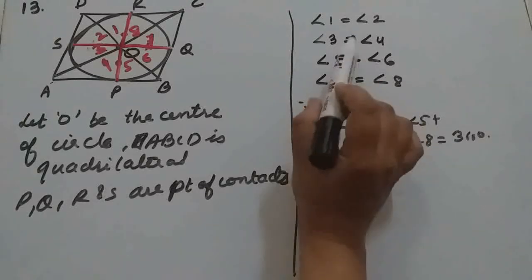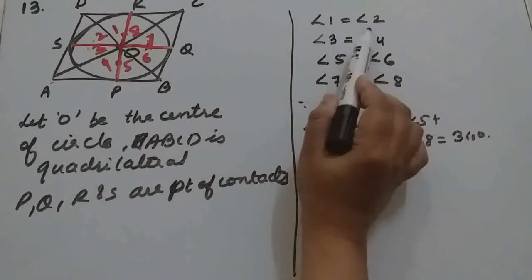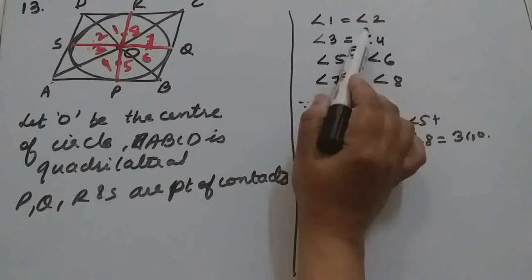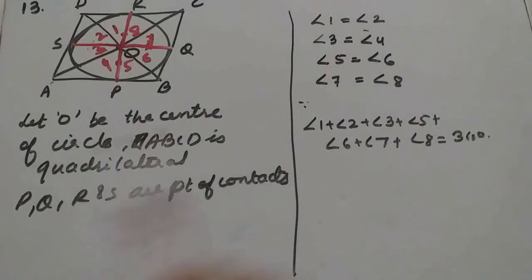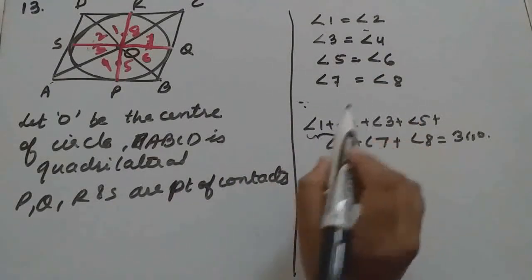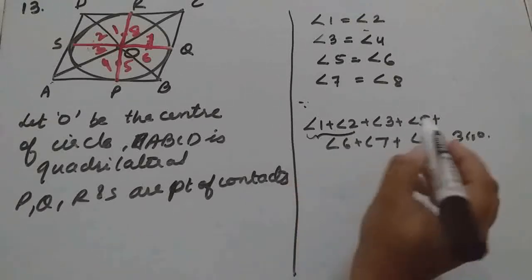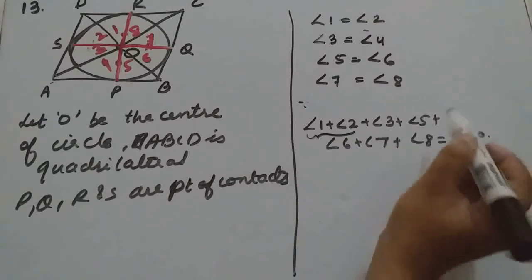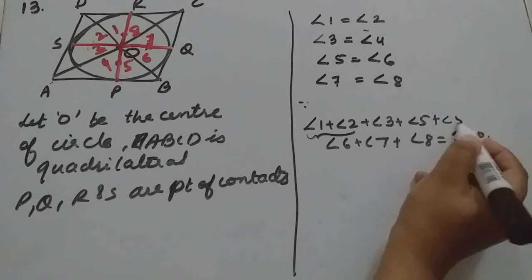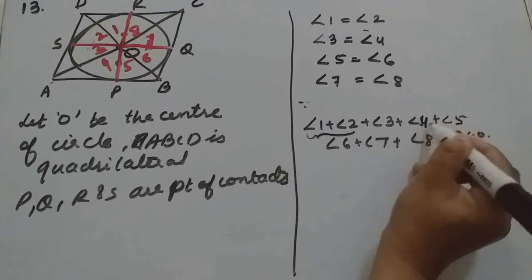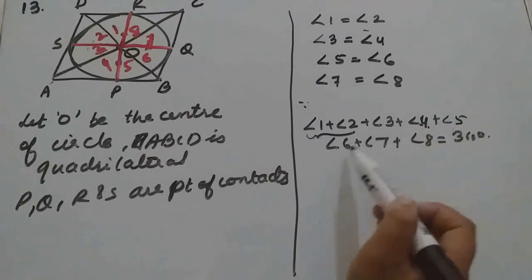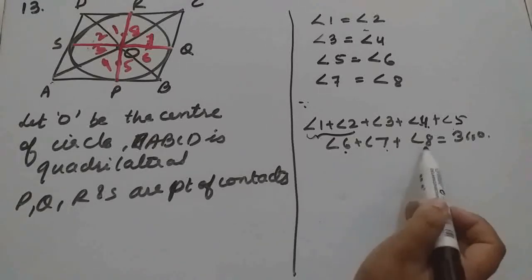But now we know 1 and 2 are equal. Okay, so here see what we can write. 1 and 2 are equal. 3 and 4 are equal. 5 and 6 are equal. 7 and 8 are equal.